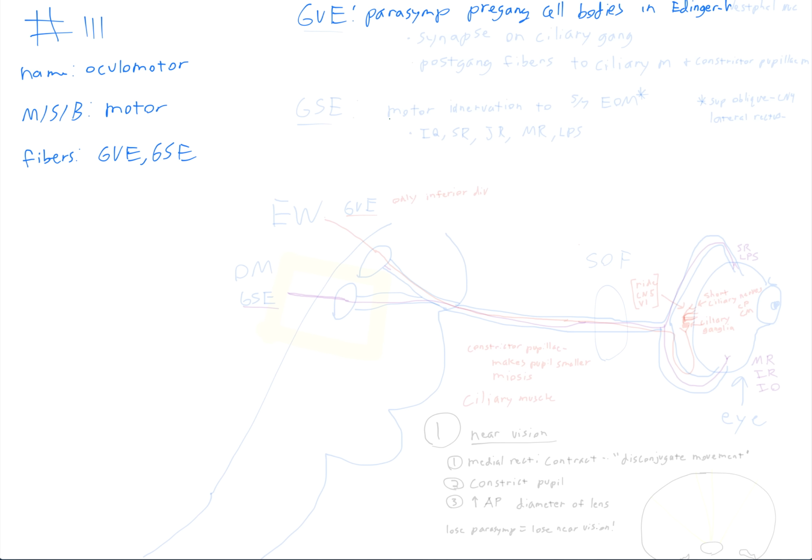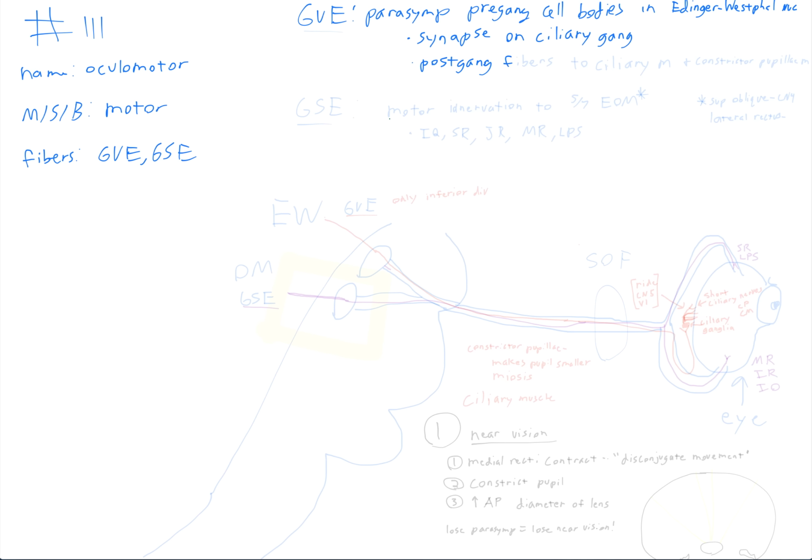So that's GVEs, GSEs. So what do GSEs do just generally? Broad concept. Motor to skeletal muscle. Good. So this is motor innervation to 5 of the 7 extraocular muscles. The caveat are the 2 that it does not do.